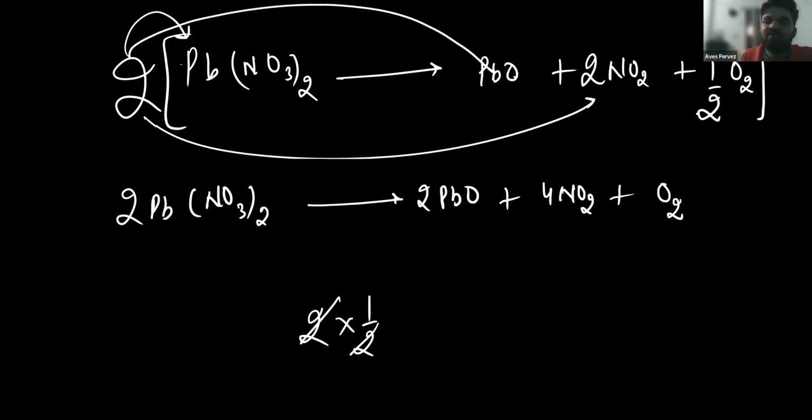This is the benefit of multiplying by the number in the denominator. Now it is balanced.